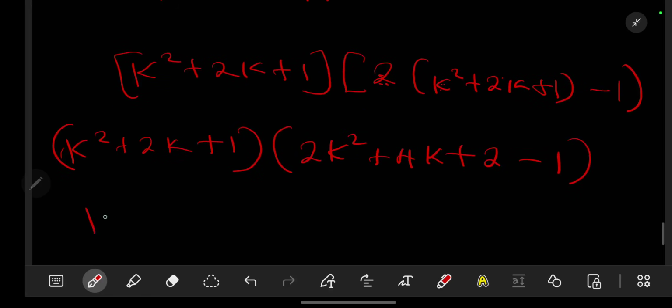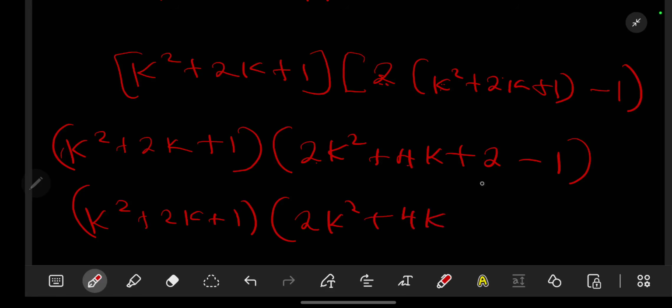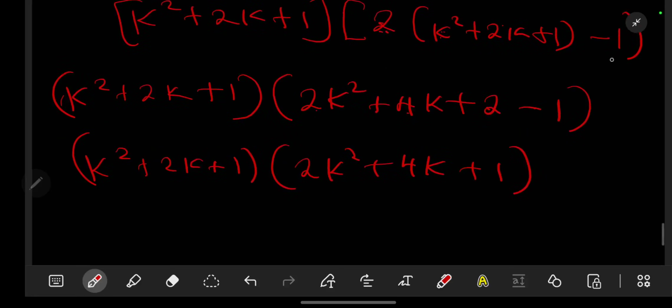So we are multiplying the same things, k squared plus 2k plus 1. Then we have 2k squared plus 4k. 2 minus 1 is our 1, like that.